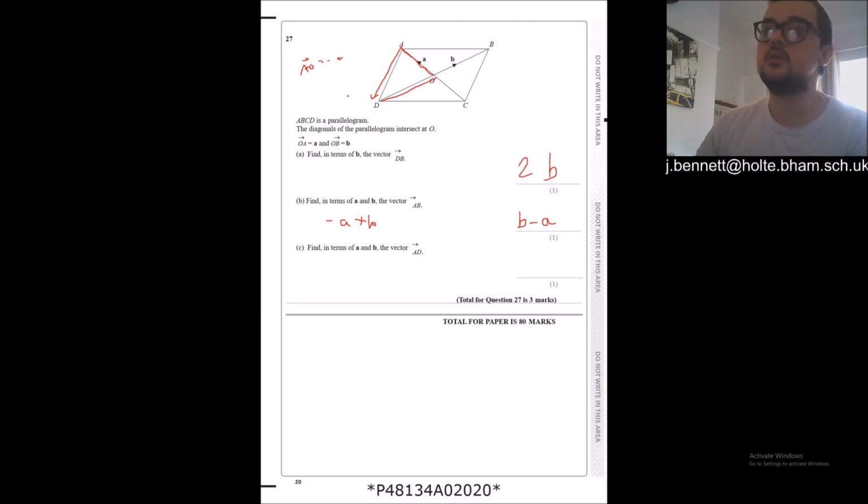We're going backwards, we want negative b now. So we want minus a minus b. We've done a negative a, we've done a negative b, but the negative is a common factor. You can write it as either minus a minus b or minus brackets a plus b.